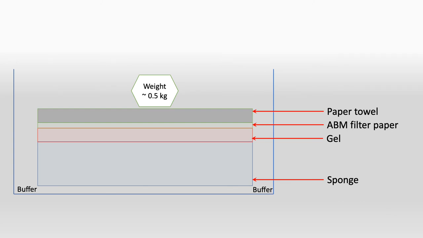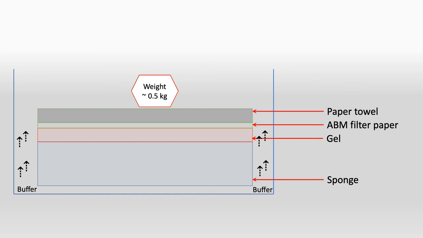This step is seen in the case of southern as well as northern blotting. Now the idea is the buffer will flow by capillary activity from bottom towards top. As we apply some weight from the top, according to the capillary flow, water can flow against gravity from bottom towards the top.